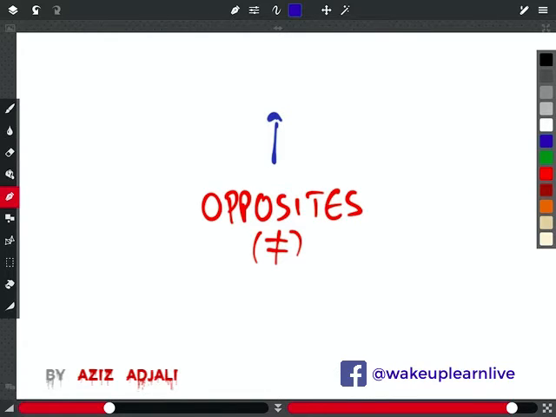prefix is un. Okay, you can take some time and try to guess some words using un to make their opposite. You can pause the video and do it.